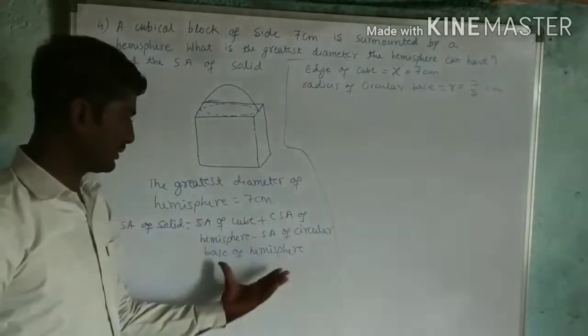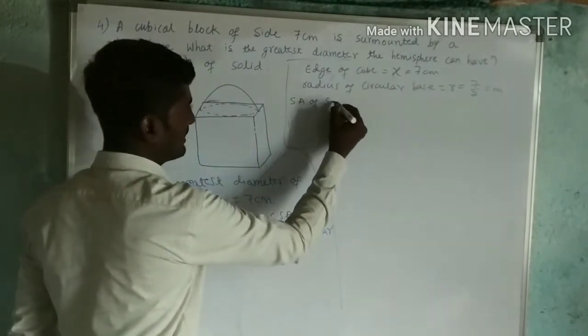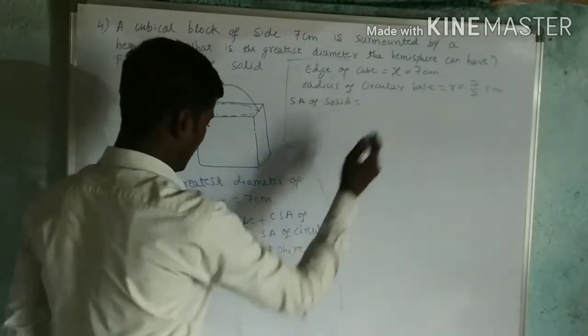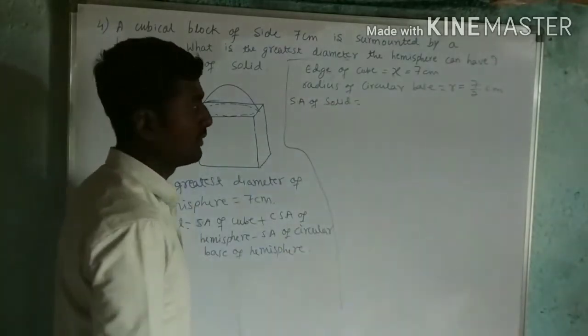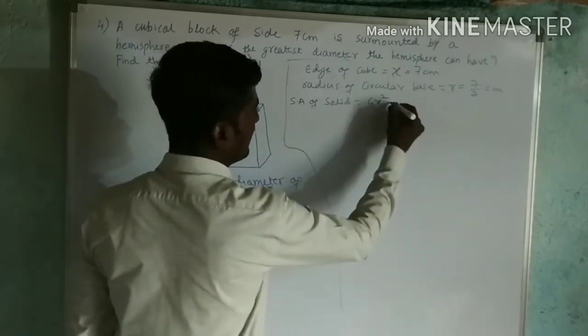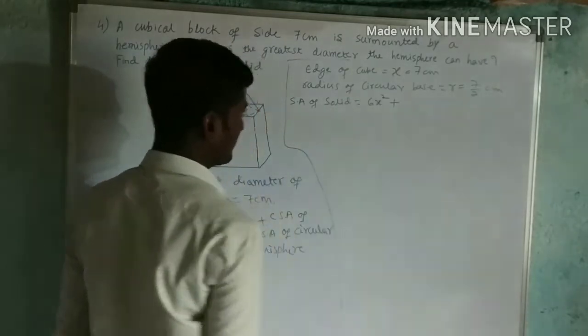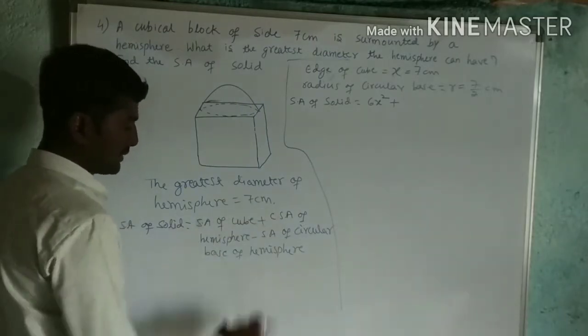Now I will substitute in the formula, surface area of solid. Therefore surface area of solid is equal to, first one is what? Surface area of a cube. Already you know the formula. What is that? 6x square. Am I right? Plus, now CSA of hemisphere. What is the formula?